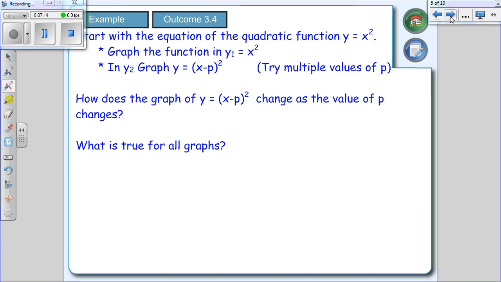So you'll see it right here: x minus p squared. In y1, put in x squared. In y2, put in x minus 3 squared. And then graph it.